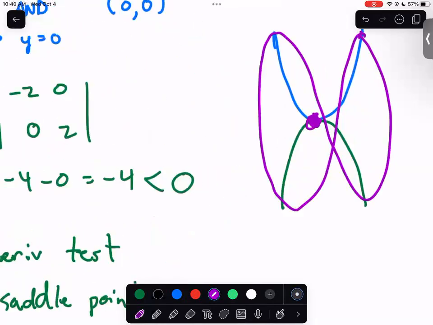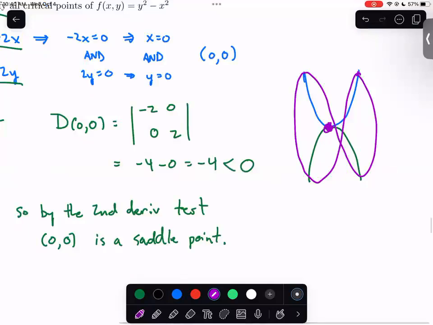In one direction, it looks like a max. In another direction, it looks like a min, right? That point there is going to be that saddle point. So there's our hyperbolic paraboloid and kind of what these saddle points look like. They have this conflicting information here. My best attempt at the saddle.